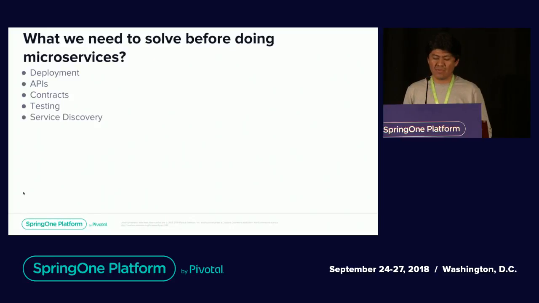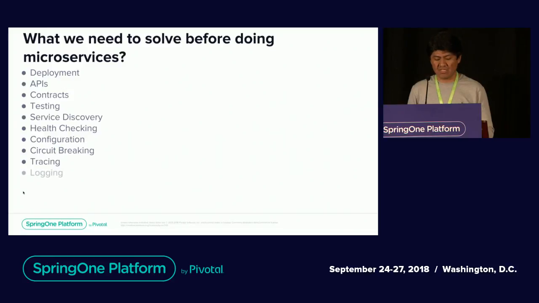And there are other topics which I am pretty sure you have heard about, like service discovery, health checking, configuration, circuit breaking, and observability in general with tracing, logging, monitoring. There are many sessions during the conference where we can hear about it, and it has been covered in previous conferences too.